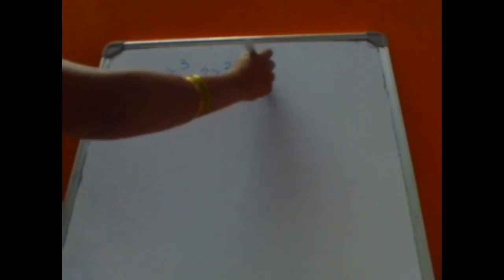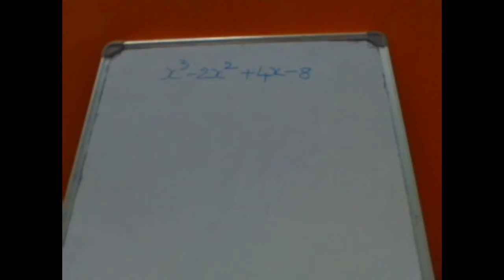Okay, now let us take one more example, like x cube minus 2x square plus 4x minus 8. In this algebraic expression you can observe that this is a multinomial with 4 terms. If you want to factorize it by taking a common factor, it's not possible because we don't get a common factor for all the 4 terms.